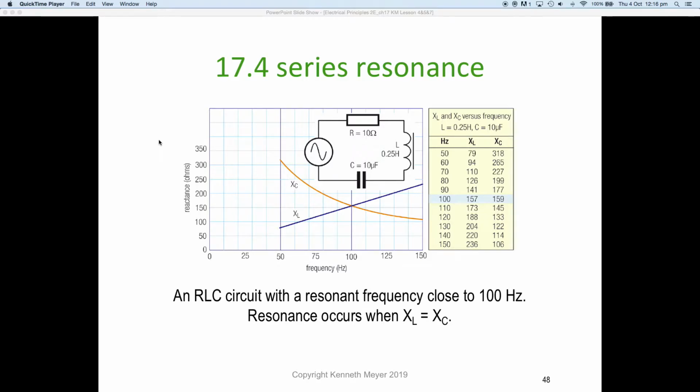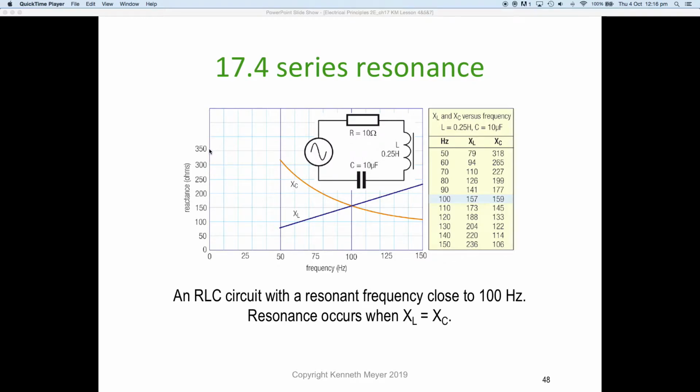Now, if you can remember from the last couple of lessons, if we looked at inductive reactance, and we've got a graph here, you'll notice the horizontal axis of the graph is frequency, coming from 0 up to 150 Hertz, and our reactance in ohms is on the vertical scale.